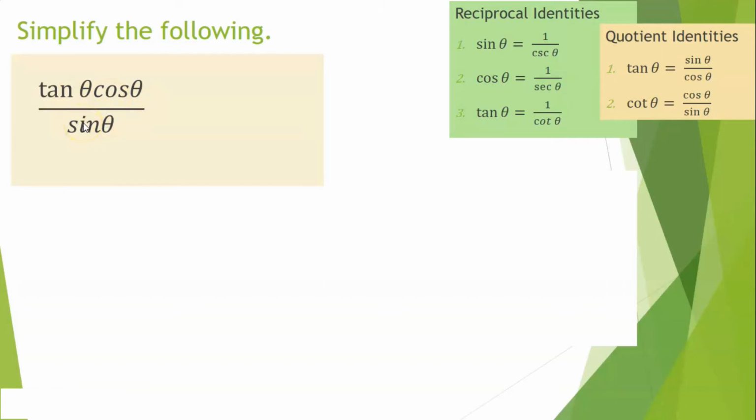So, in this case, we can have tangent as sine over cosine, times cosine theta divided by sine theta. In this case, we can cancel cosine and cosine. With that, we can also cancel sine and sine, in which our final answer is 1.